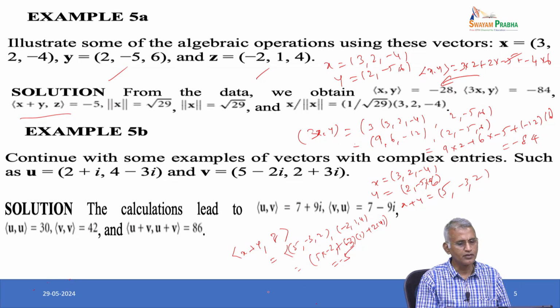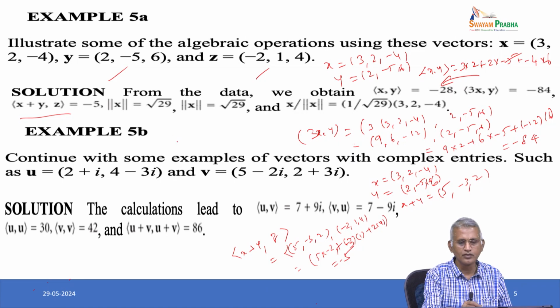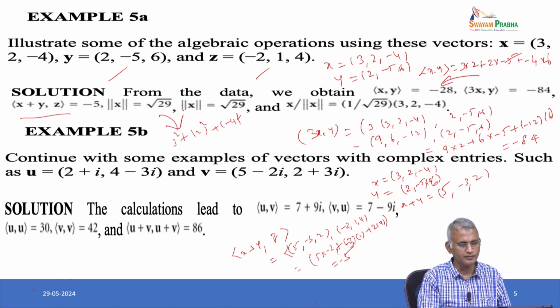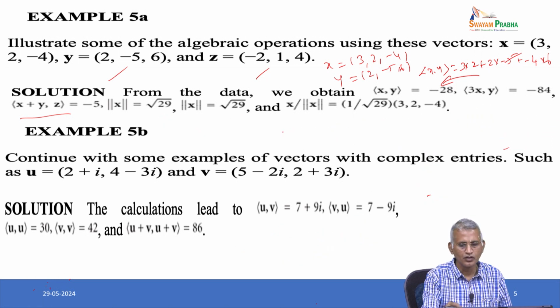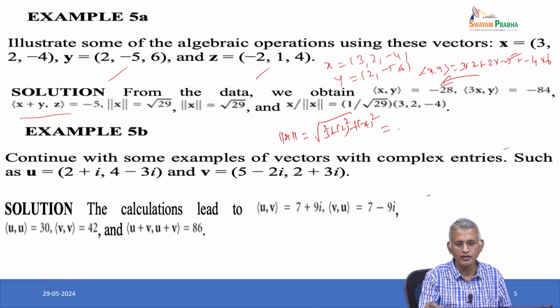Next, the norm of x: take x with another x and simply square them, 3 square plus 2 square plus minus 4 square. So the norm of x is nothing but the root of 3 square plus 2 square plus minus 4 the whole square, equal to root of 9 plus 4 plus 16, equal to root 29.